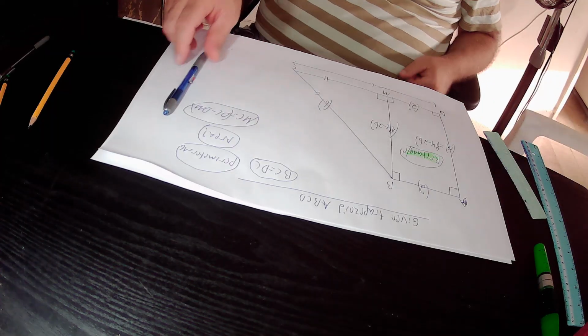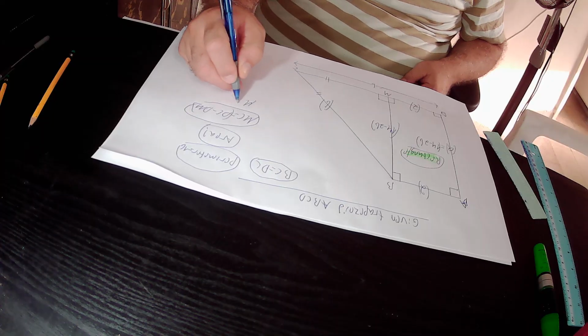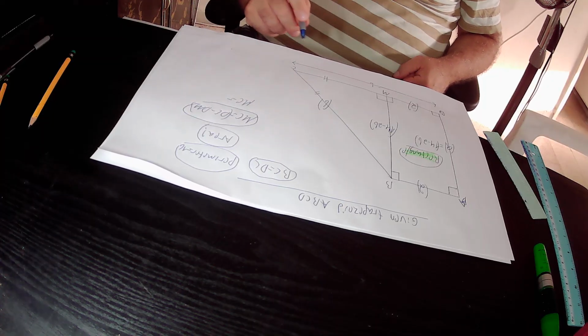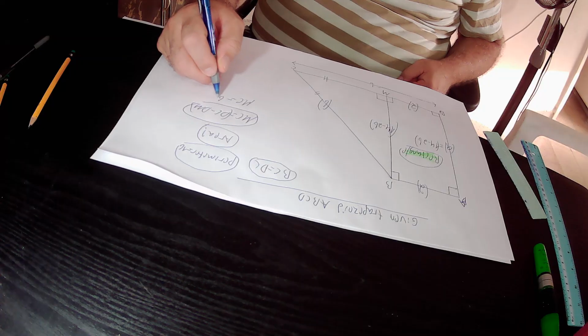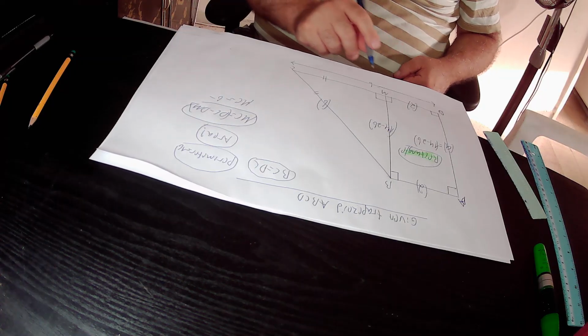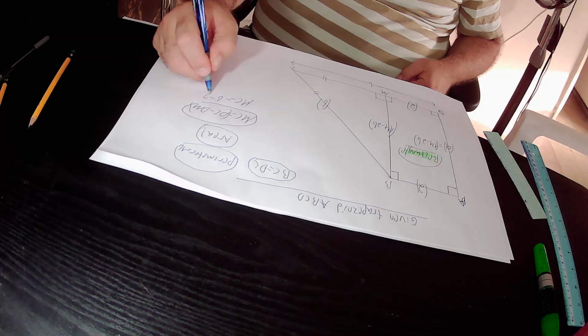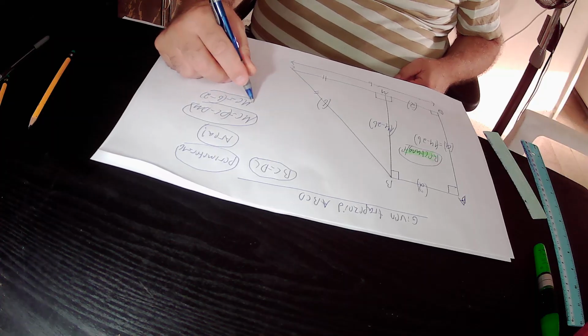So MC equals DC. DC is b according to our definition. Minus DM. We just found out that DM equals 2. So in total, MC equals b minus 2 units in length.